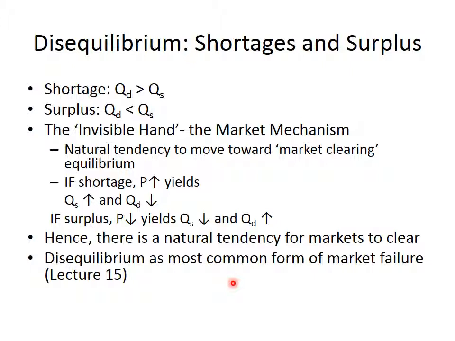Now, a market is said to clear when the supplier provides as much quantity as the demander demands. When that happens, the market is clear.